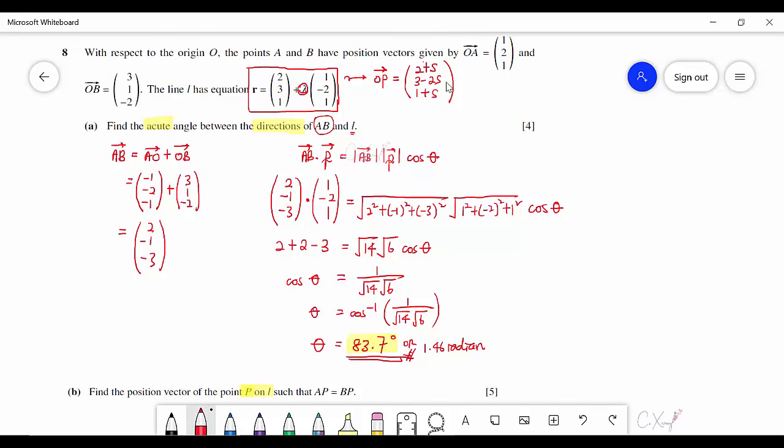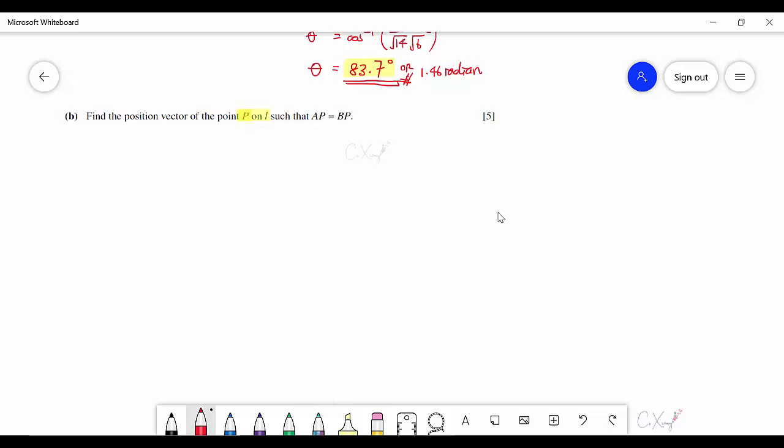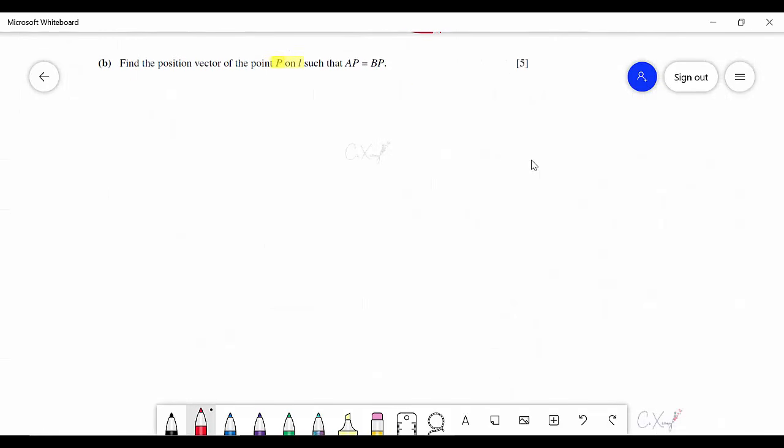Now I will bring this position vector of P to part number B. Again, for the position vector of P, I'm having OP, as what I wrote just now, 2 plus S, and then 3 minus 2S, and also 1 plus S.